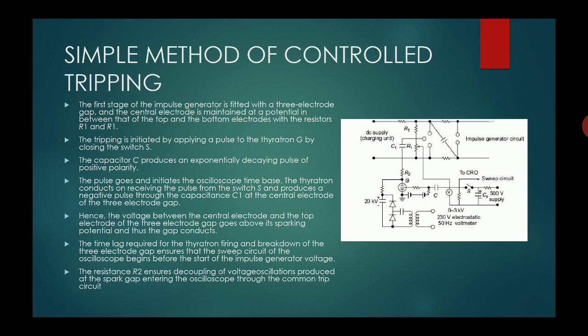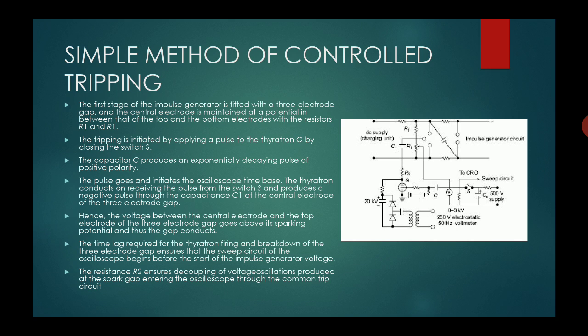In this controlled tripping, we can control the tripping in the spark gap. We have this spark gap and a secondary spark rod is provided. You can see, so it creates a 3 electrode arrangement. The first stage of the impulse generator is fitted with a 3 electrode gap.